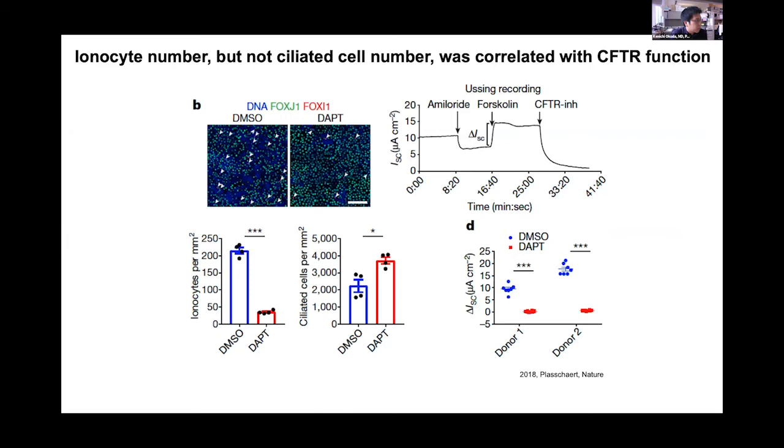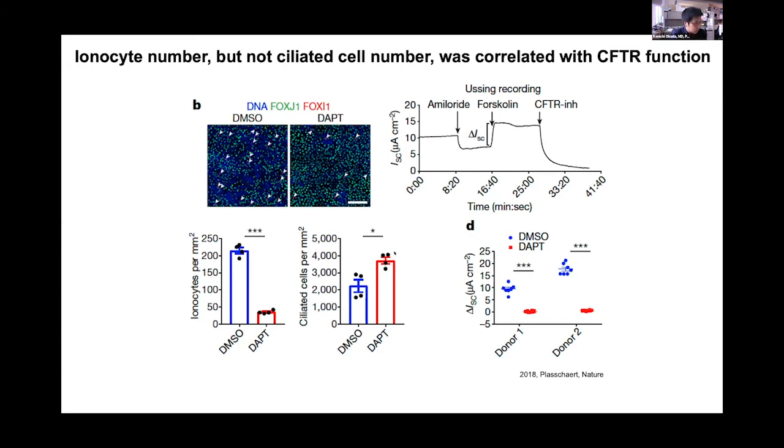Also, the ionocyte paper shows interesting functional data. They modified the proportion of ciliated cells using DAPT reagent, and if you decrease the ciliated number, the CFTR function also goes down in this DAPT experiment. This is correlated with the number of ionocytes, but not with ciliated number.